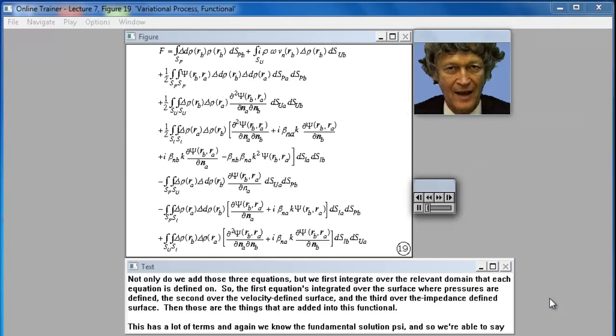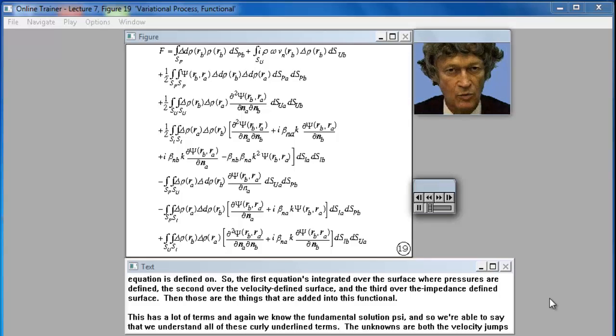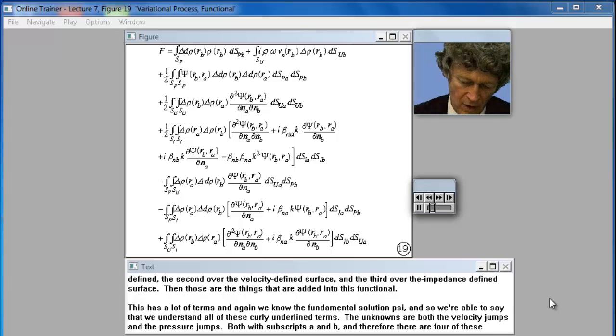Not only do we add those three equations, but we first integrate over the relevant domain that each equation is defined on. So the first equation is integrated over the surface where pressures are defined, the second over the velocity defined surface, and the third over the impedance defined surface. And then those are the things that are added into this functional.